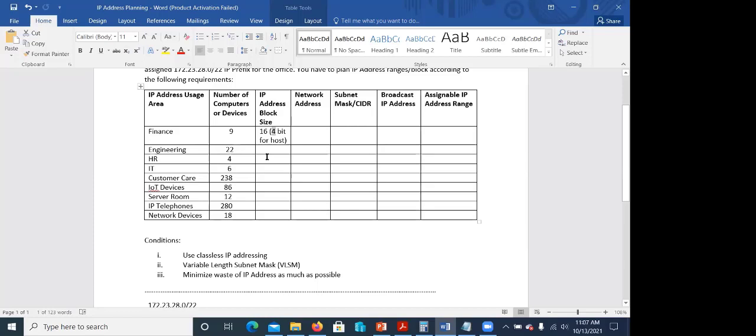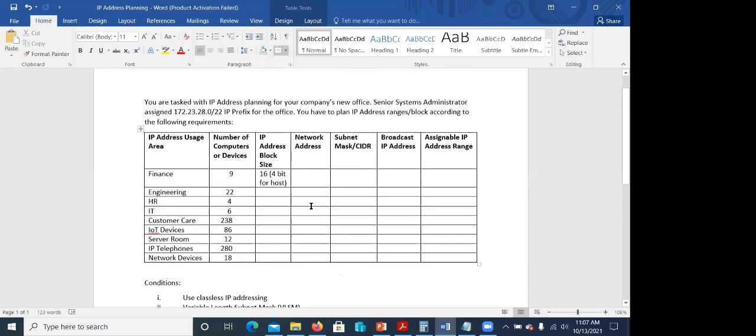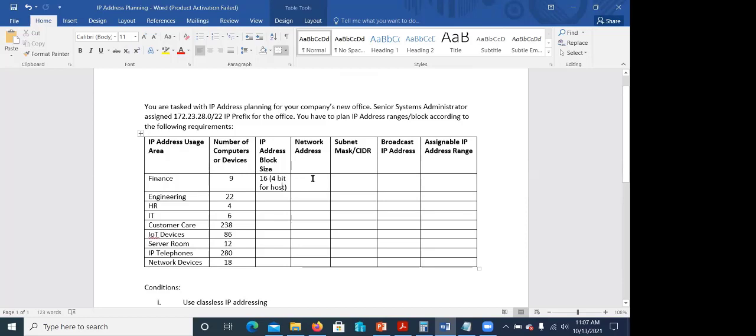Because if we choose 3, it will be less than 9, so it is not possible to use. So we use the nearest round figure. And this 4 is the host bits. We have 4 bits for host, and the remaining 28 bits for network.